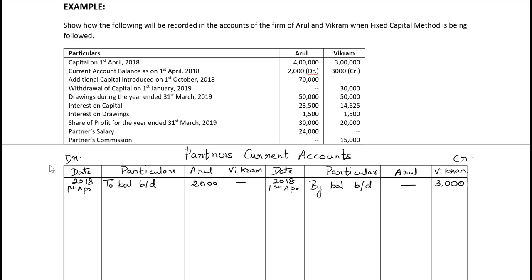Next, drawings during the year ended 31st March 2019. For Arul, it's given as 50,000. For Vikram also 50,000. The other items will come at the end of the accounting period.